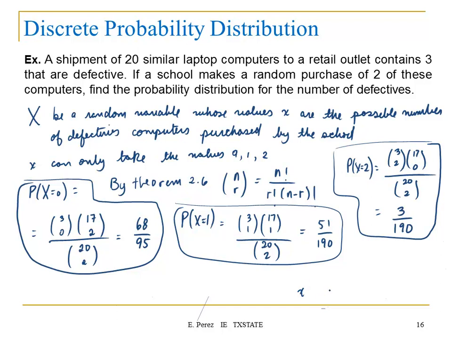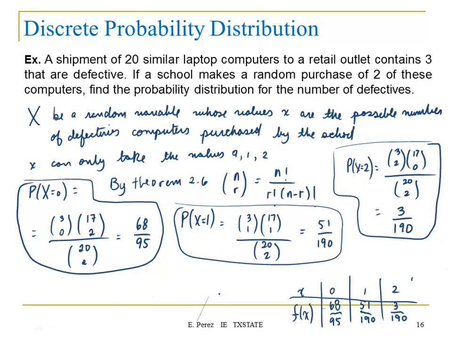For x with values 0, 1, and 2, we have f of x: 68 over 95, 51 over 190, and 3 over 190.